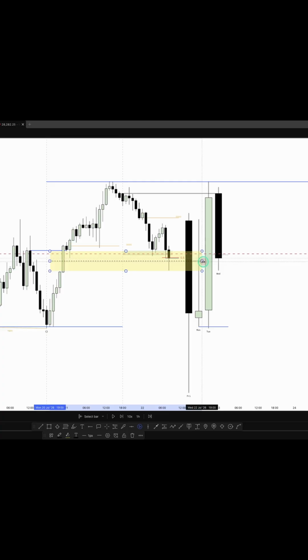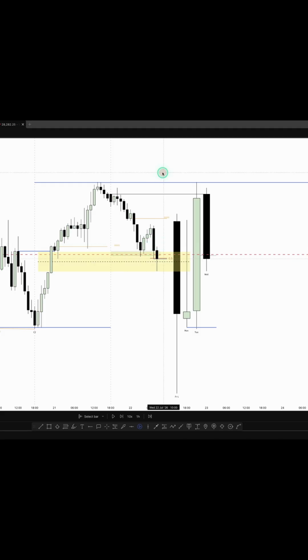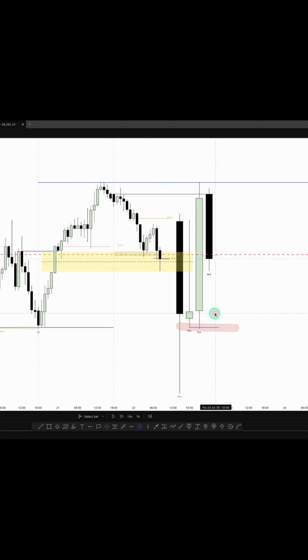So that's showing me that it's respecting this area. It respected it here, here, here, here, and then here. So with that in mind, now I have my framework to potentially go up because of my C2 closure below here and because of my continuation.